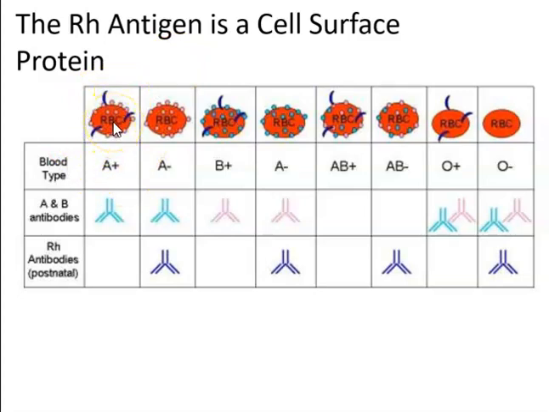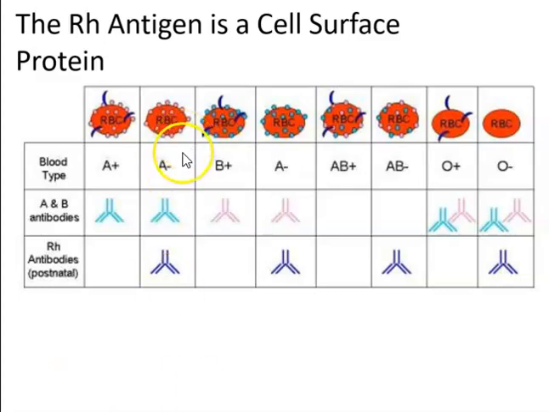So if the patient is A positive, they will have B antibodies within their plasma. If, for example, the patient is A negative, meaning they do not have the antigen for the Rh factor, again, they will have the A antigens on the surface of the red blood cells and B antibody within the plasma.